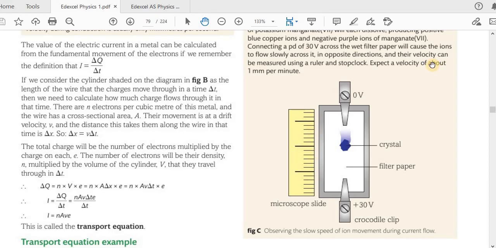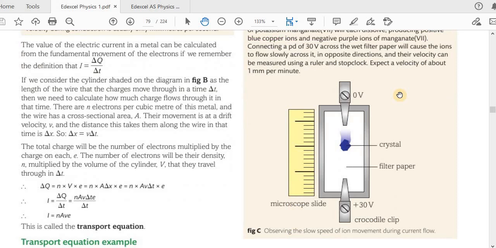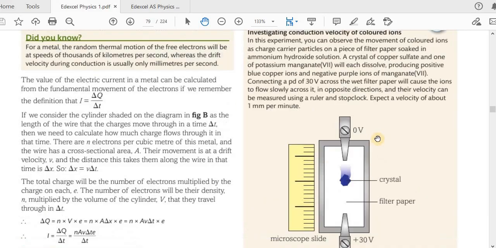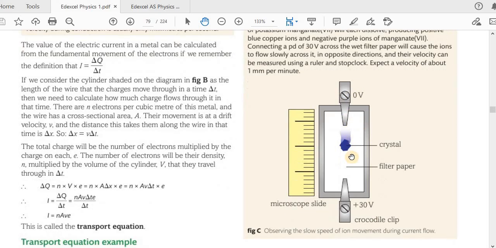This way you can get the velocity, and it will be about 1 millimeter per minute. So very simple experiment, and that is to observe the slow speed of ion movement during current flow. So the ions are moving. The positive ions will move towards this side, the negative ions will move towards this side.